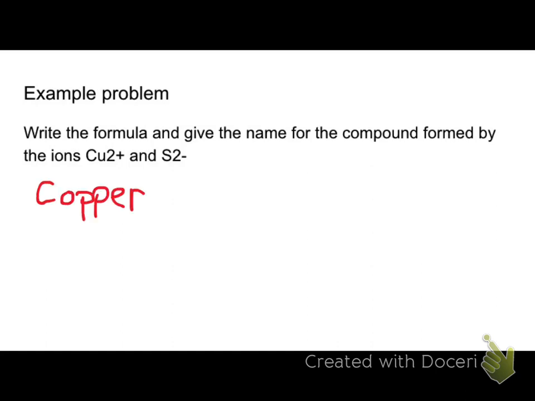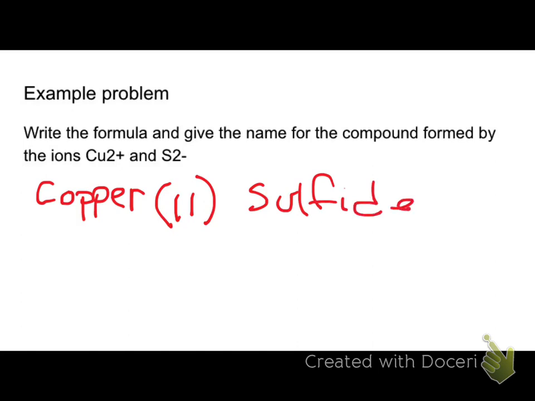And then we are using the stock system naming, so since they told us that the charge is 2+, we're going to put Roman numeral 2 after the name copper. And then our anion is sulfur, so it's going to get changed to sulfide. So there would be your name for this compound.